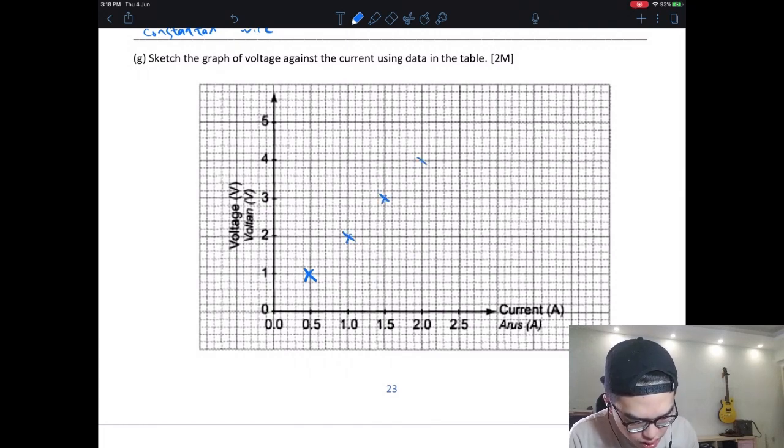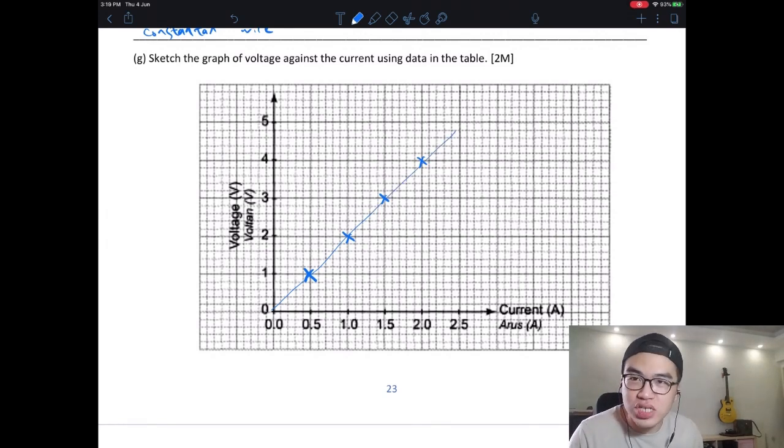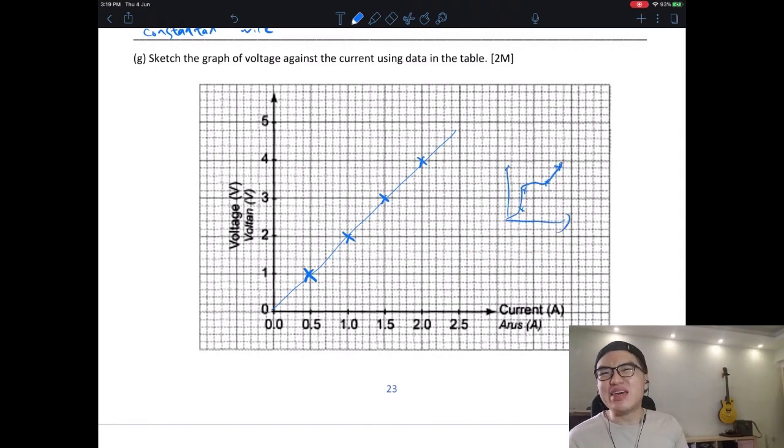So you should get a straight line graph. I use a ruler, come on. No questions asked, you will always get a straight line. If your graph looks curved like this, you're doing something wrong. Impossible, you won't get this.